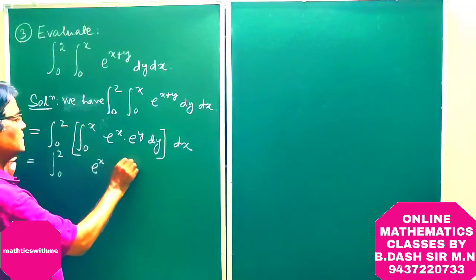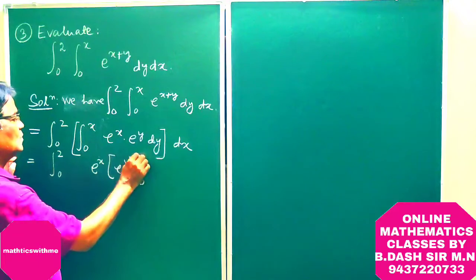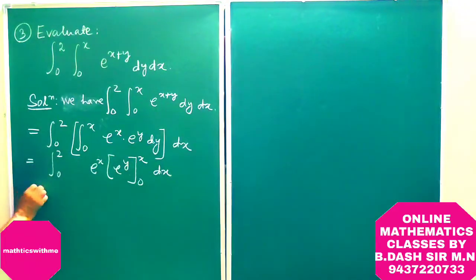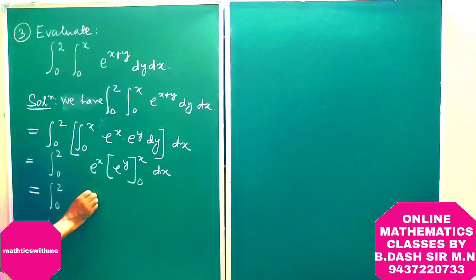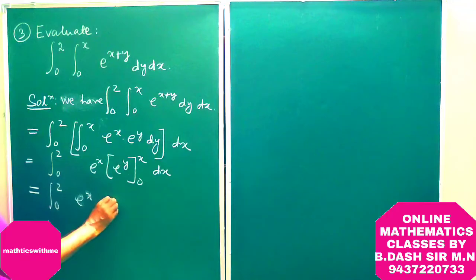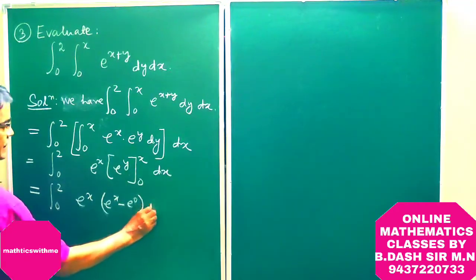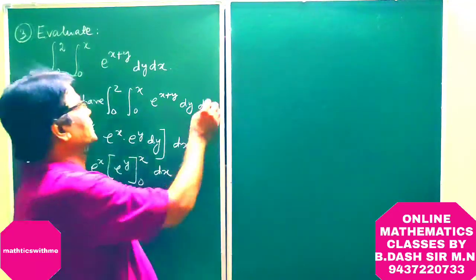So integration of e to the power y is e to the power y, from 0 to x, then this is dx. So this value is equal to 0 to 2 of e to the power x, putting the limiting value, we get e to the power x minus e to the power 0, dx.